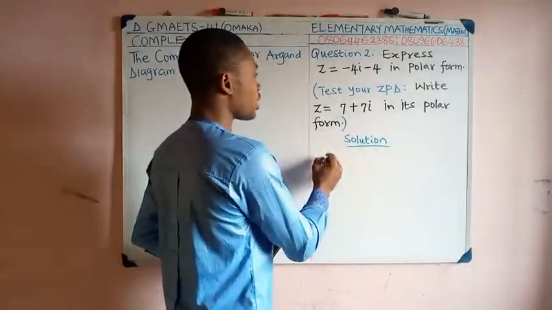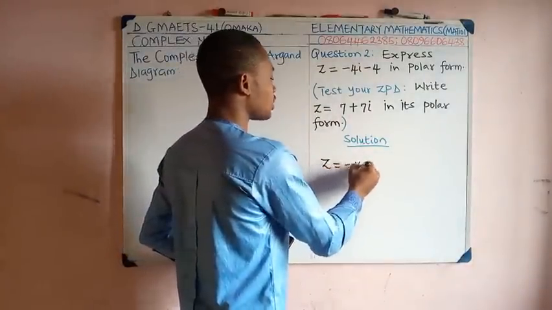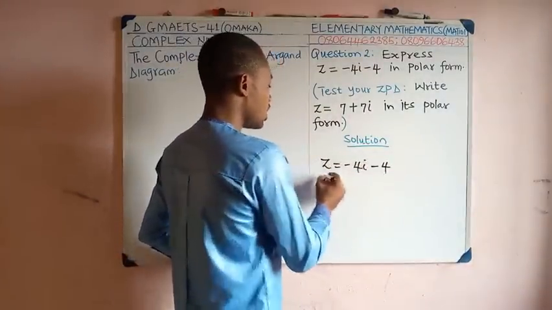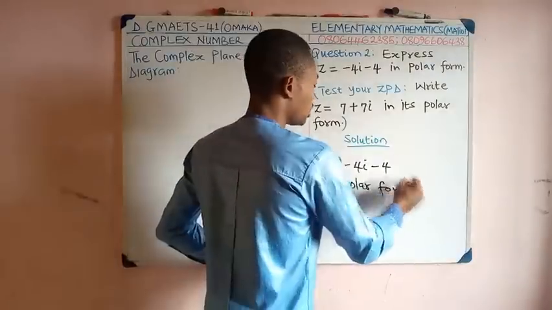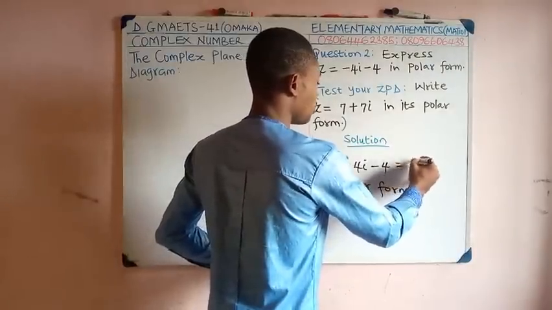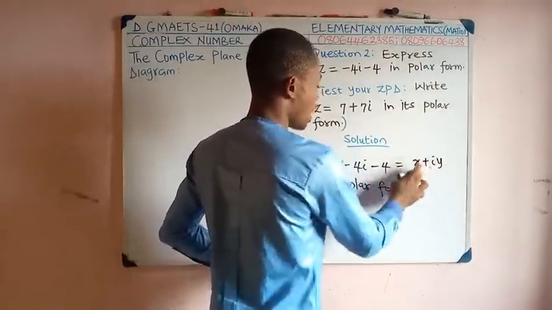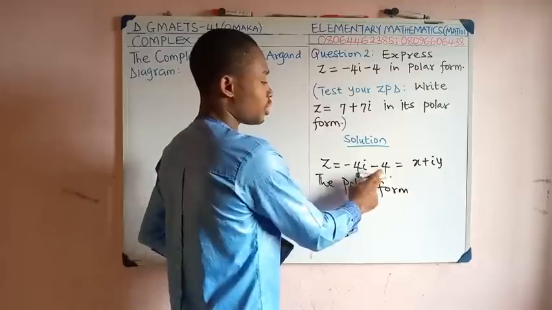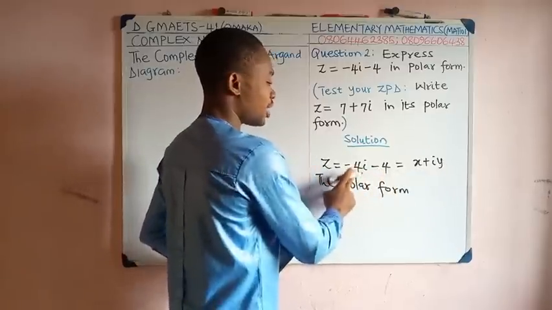Alright, now in the question we're given z to be equal to minus 4i minus 4. Now the number is in the form x plus iy, where x is minus 4, the real part, and y is minus 4 as well.